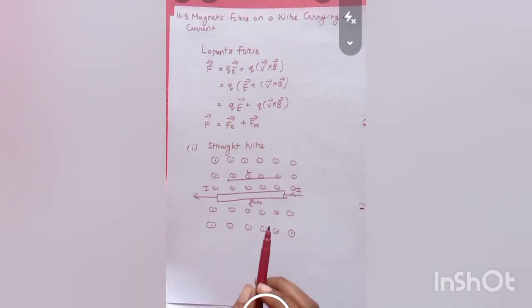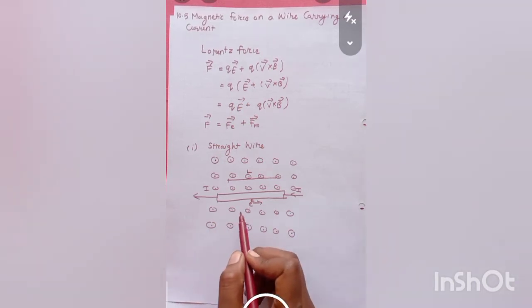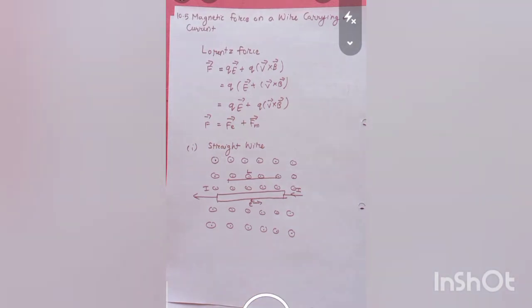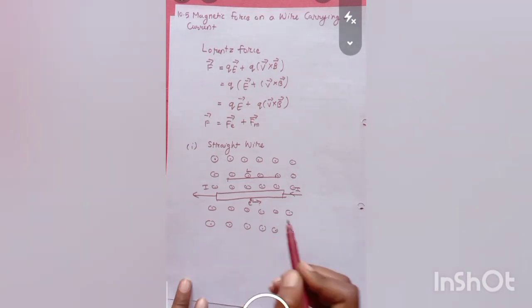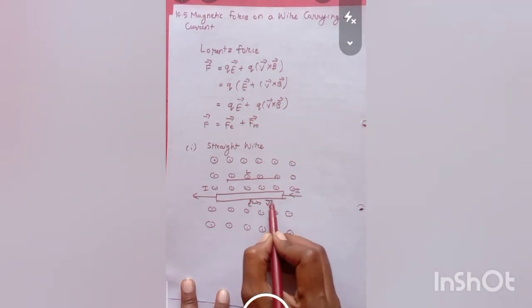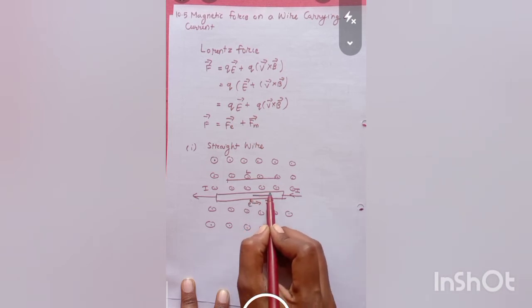When current is flowing, the electrons are moving from this point to this point with the drift velocity. Drift velocity is the average velocity attained by a charged particle such as an electron in a material due to an electric field. So the drift velocity of that electron will be Vd, in this direction.